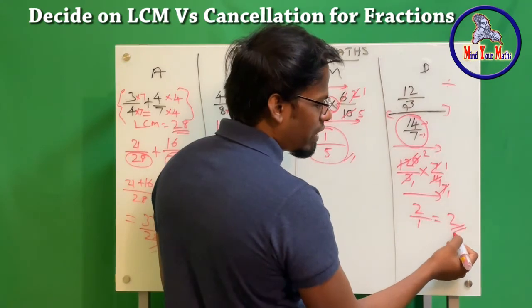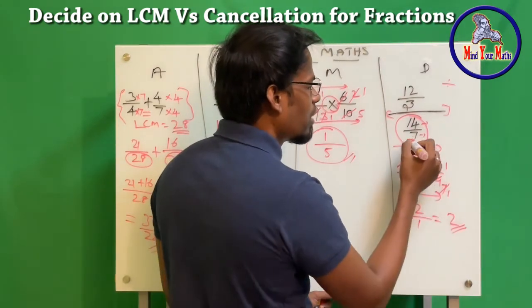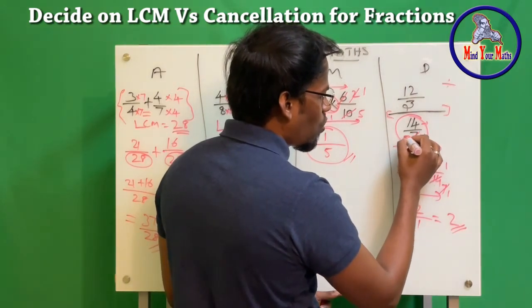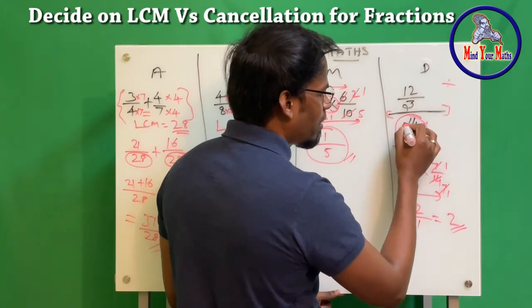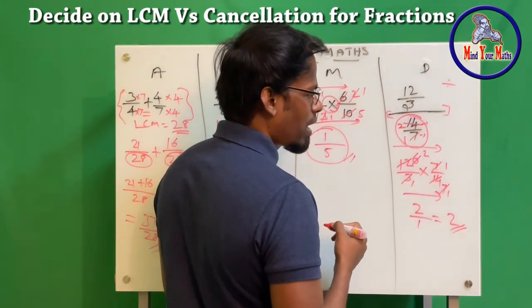We want to validate whether the 2 is correct or not, because we used the reciprocal value here, right? So now if you cancel these two, this one 1 times 7 is 7, and this one 2 times 7 is 14, right?